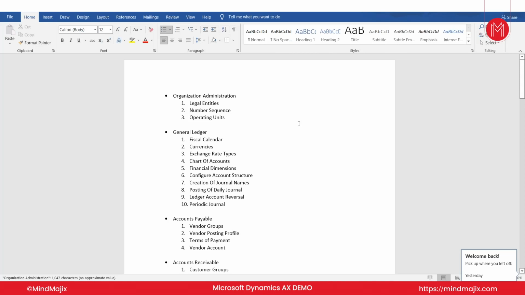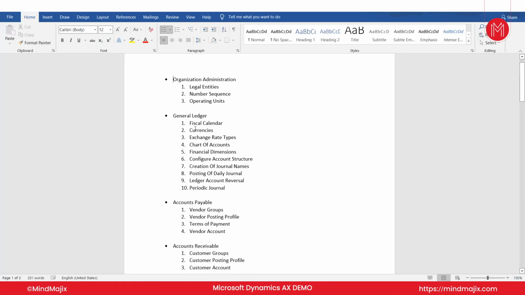In general ledger, we will cover fiscal calendars, currencies, exchange rate types, chart of accounts, financial dimensions, configure account structure, and creation of journal names. These are all considered general ledger.